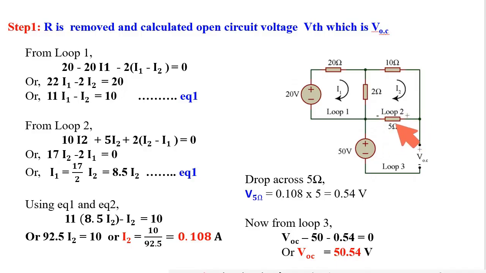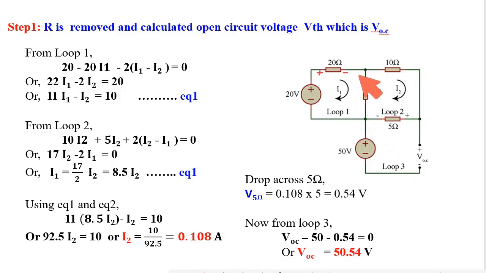To calculate the current through this 5 ohm resistance, I am using this loop and this loop. Say the current through this loop in this direction is I1, and the current through this loop in this direction is I2. From the first loop, I1 is flowing through this 20 ohm resistance, so this is positive, this is negative.